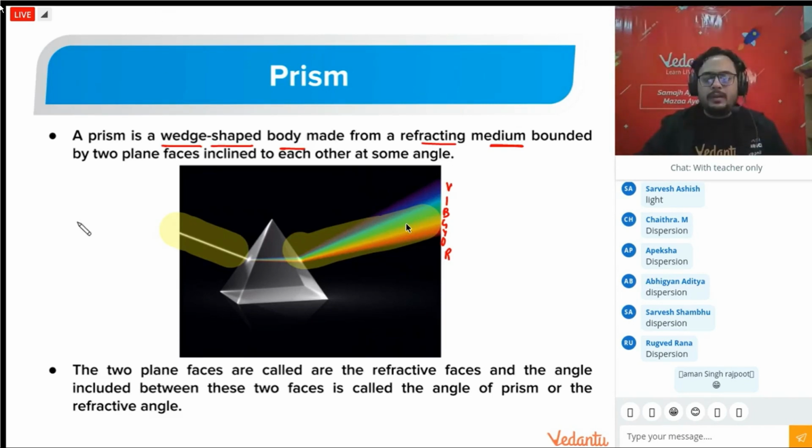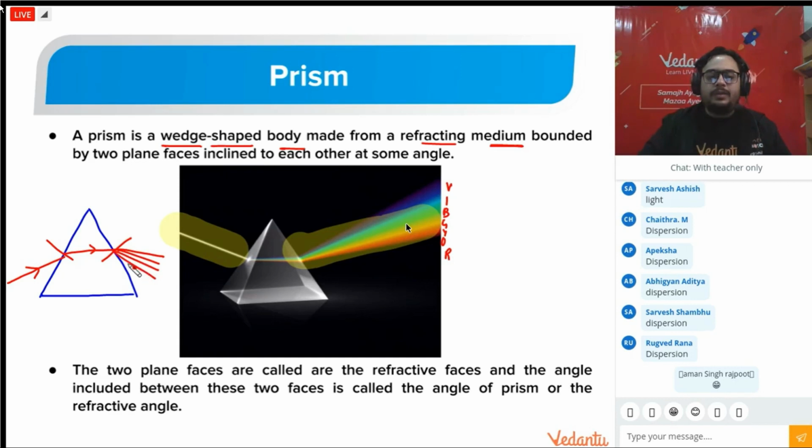Now in 2 dimensions, you will draw it like this. If this is a normal and your incident ray falls like this, it will go like this and break into its constituent colors.